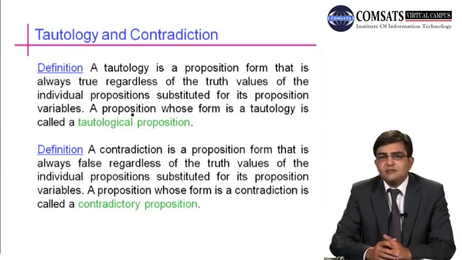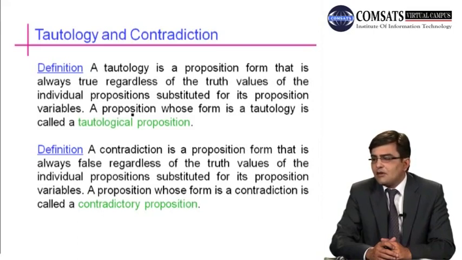Now, what is the condition for a compound proposition to be a tautology? It is that its truth value is always true, regardless of the truth values of the individual propositions. And a proposition whose form is a tautology is called a tautological proposition.